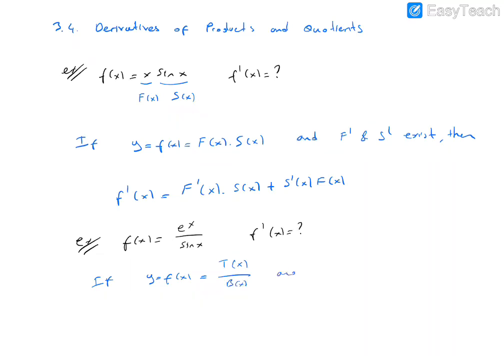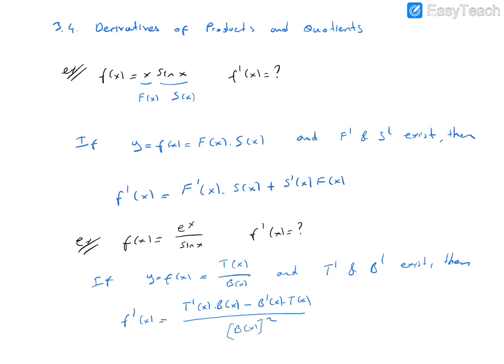And T prime and B prime exist. Then the derivative of f of x equals the derivative of the top function, the numerator, times the denominator B of x, minus the derivative of the denominator times the numerator T of x, over the square of the denominator. So by using this formula, you can evaluate.